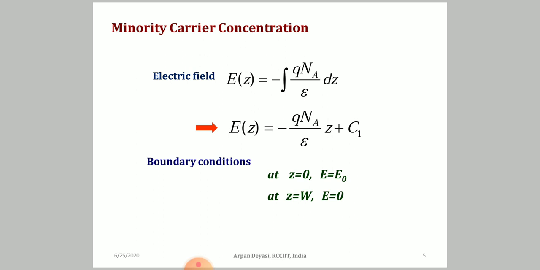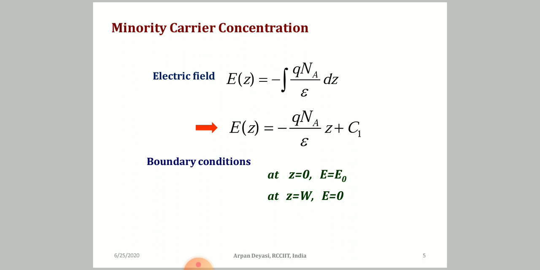Now the second point has a physical significance. The term W is very simple. One can say it's the depletion region width, but what is that? Depletion is nothing but the minority carrier region, so it should be either depletion or inversion. So z equals W means where the variation of the minority carrier ends.